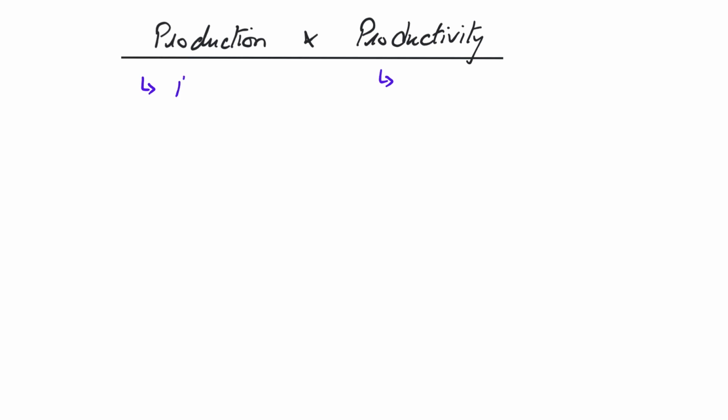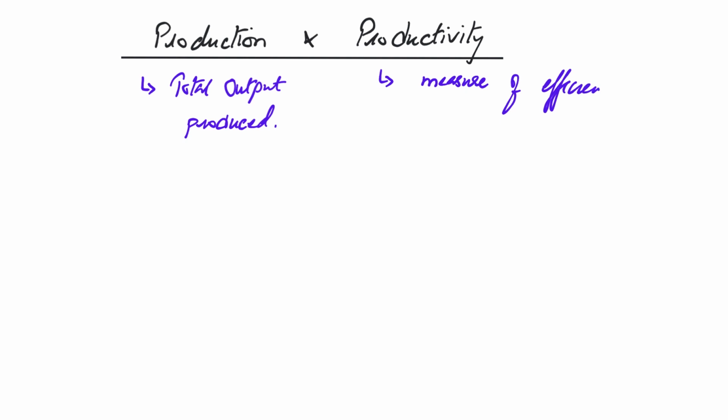Production is simply the total output produced. While productivity is a measure of efficiency. There's a formula to calculate productivity.